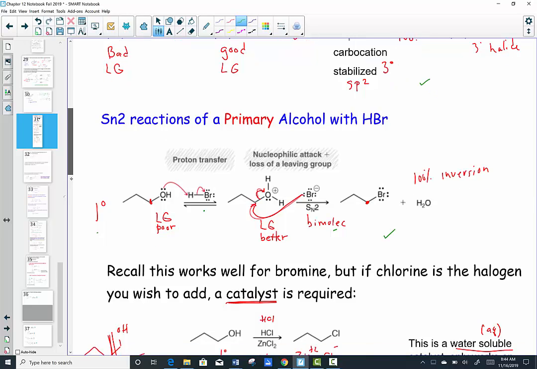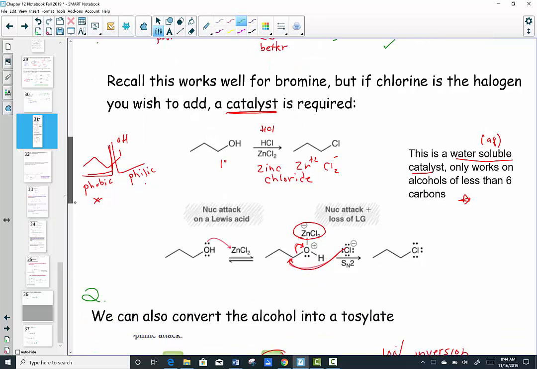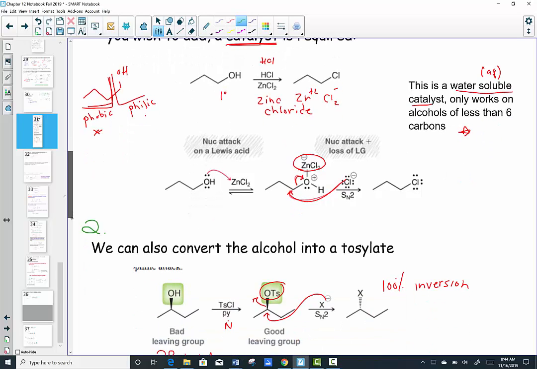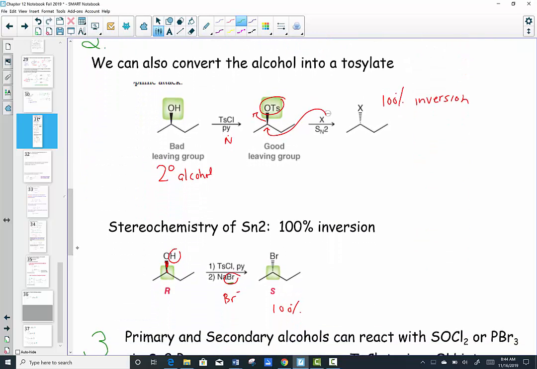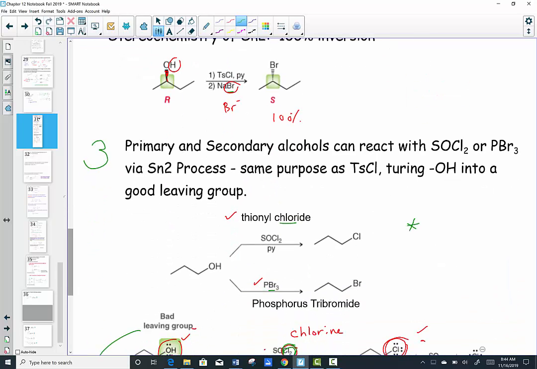Now, what if we started to use secondary alkyl halides or secondary alcohols? We have just more things to consider. We talked about zinc chloride as a catalyst for HCl, only for small molecules to deliver chlorine. If we have larger molecules to deliver chlorine, you could use a tosylate compound, or you could use the thionyl chloride method.